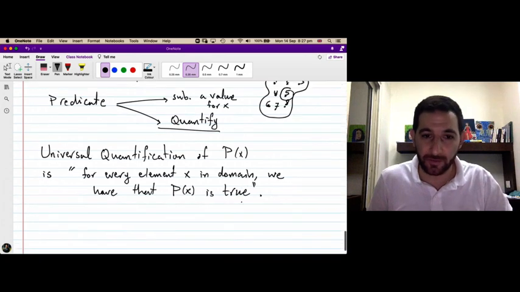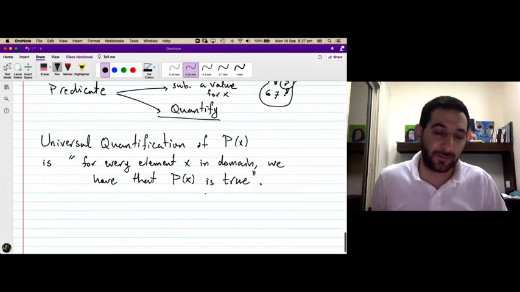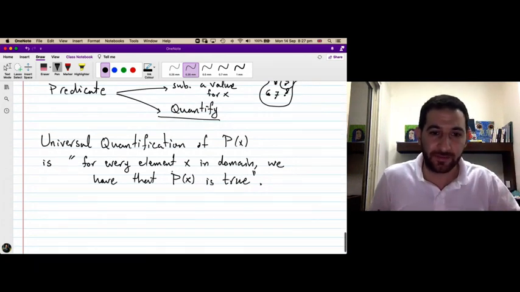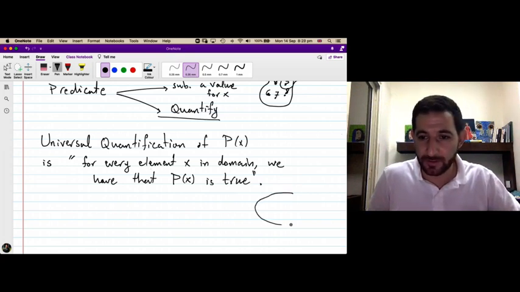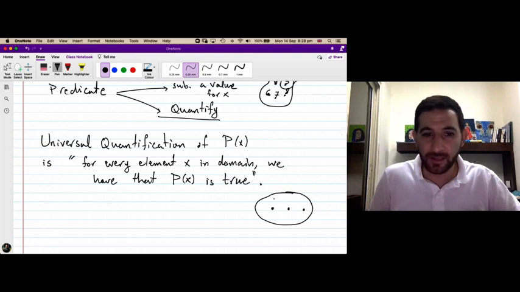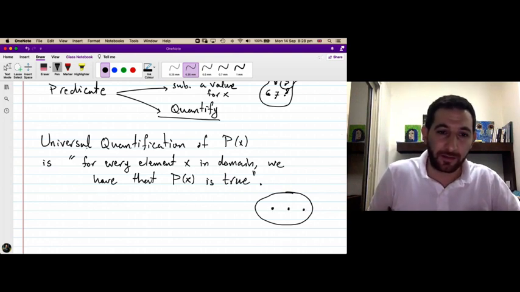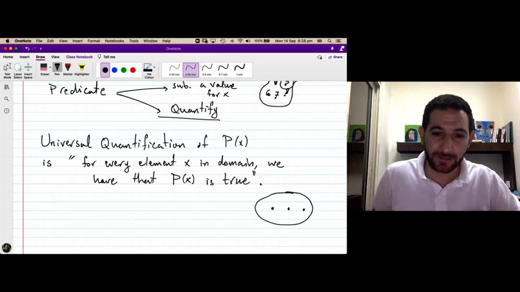It's a proposition, by the way, and because it's a declarative statement, it says every element in our domain. Say here is our domain, say we have 3 elements. It says the universal quantification of P of X. By the way, it is denoted by an upside down A, and then this is x.